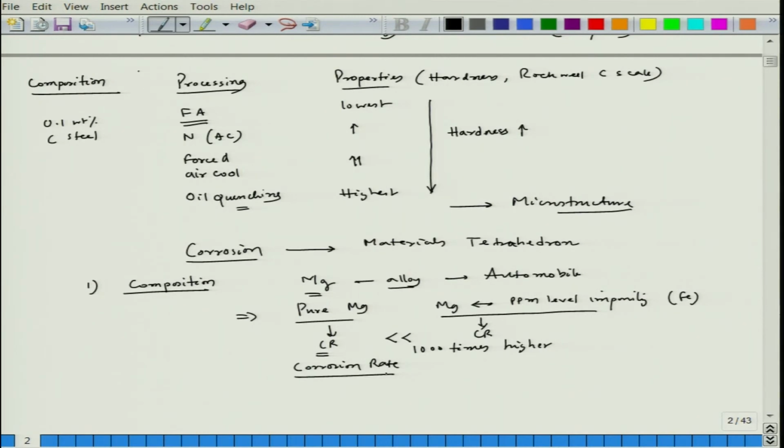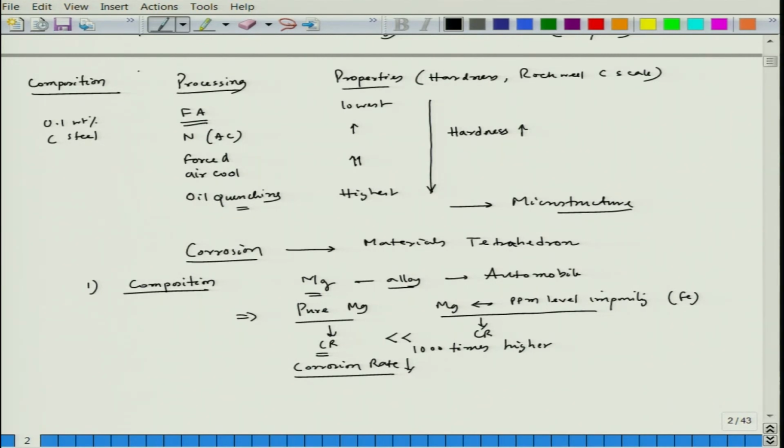If it is corrosion resistance, then I will definitely write the full words, corrosion resistance. Now, pure magnesium's corrosion rate is low compared to magnesium with ppm level of impurity, which is iron. So, now you could sense that just by changing the composition a little bit, we get a huge change in the corrosion properties.